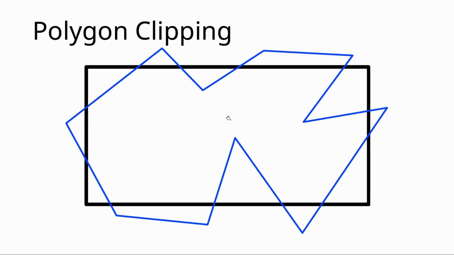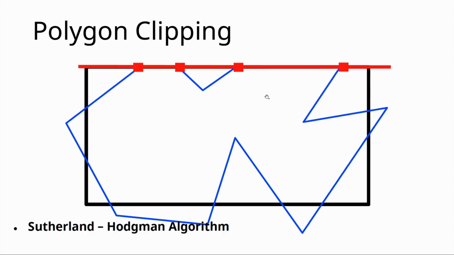How do you extend line clipping to polygon clipping? Well, you just do line clipping repeatedly for every edge of the window. So for example, if we want to clip this polygon with this window, first we consider the top edge and we clip all the lines that intersect the top edge while ensuring that the part of the window that lies between the edge becomes a part of the polygon.